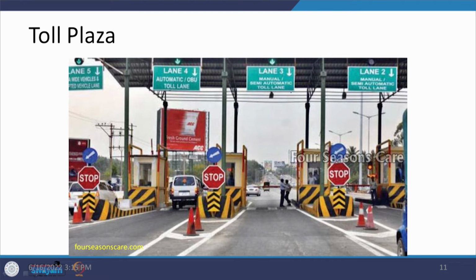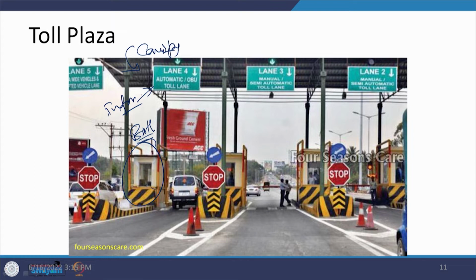So, we can see the various types of entities or components. We have a canopy at the top here, we have the information with respect to the lane, how it is going to be utilized. We have the toll booth, where the toll is being collected.